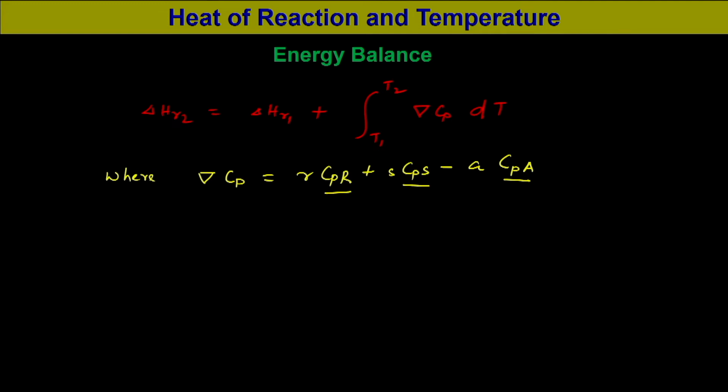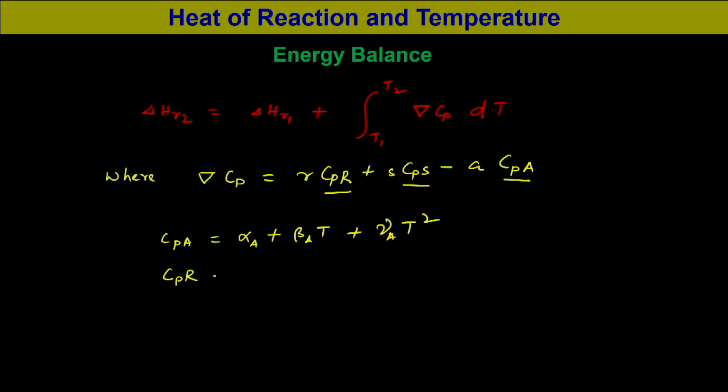So, we can write Cp A is equal to alpha A plus beta A T plus gamma A T square. So, it is a function of temperature. Similarly, the others can be written as a function of temperature.